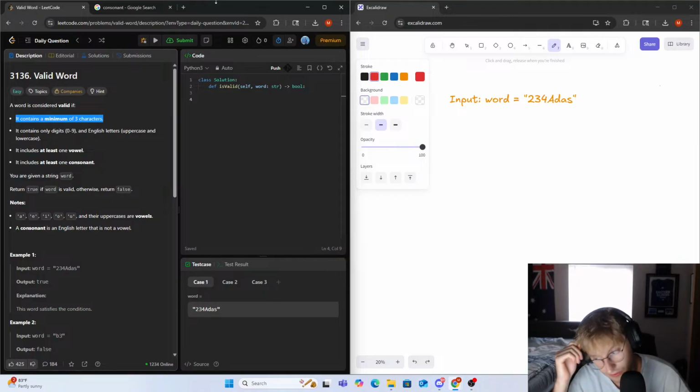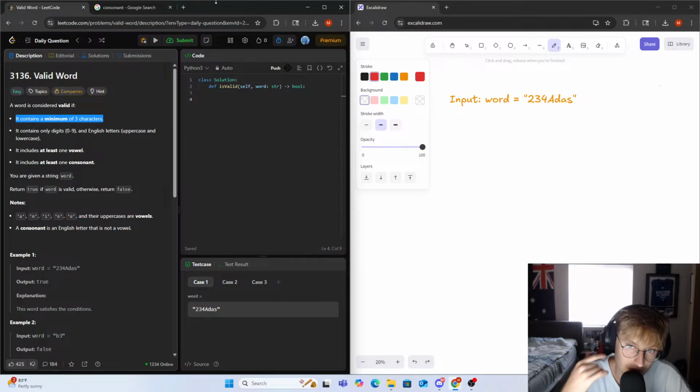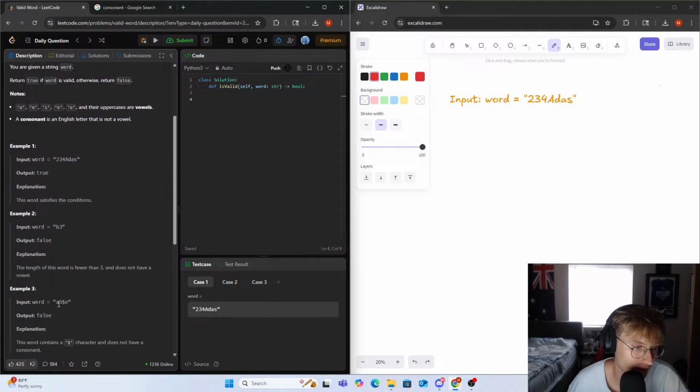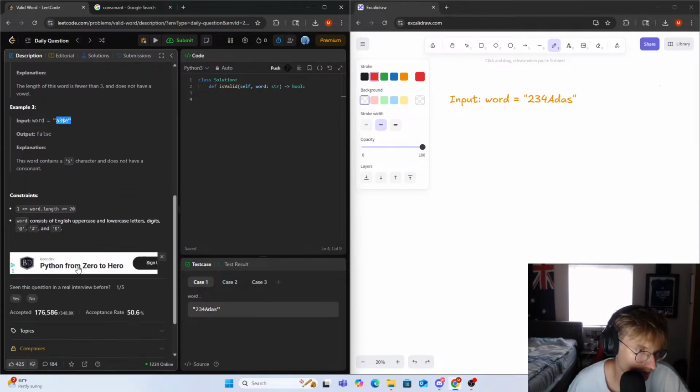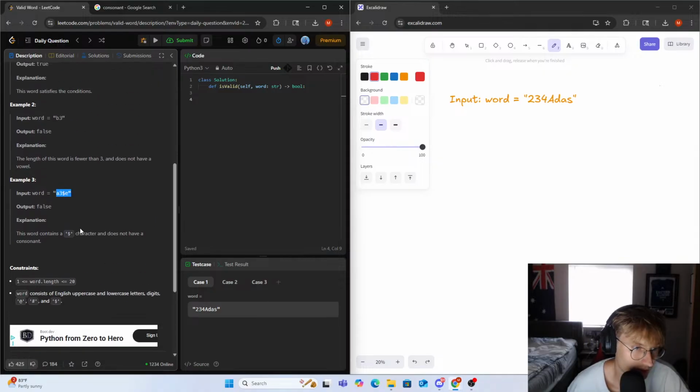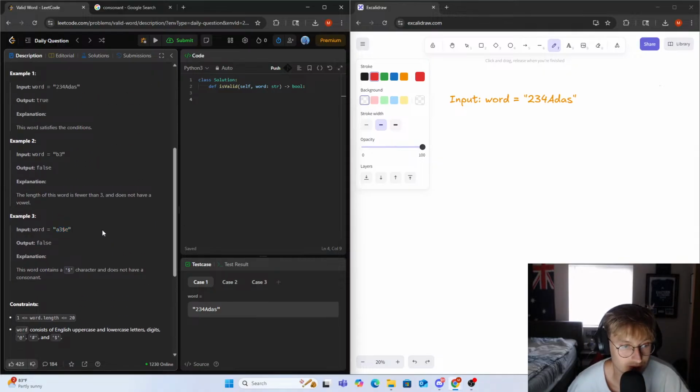Contains a minimum of 3 characters. We can't really take the length, right? Because the length won't give us a valid minimum of 3 characters, right? Because we could have a $, right? I don't think that counts as a character. Or does it? I don't know. Then it would technically be incorrect if it has a $ sign anyway.